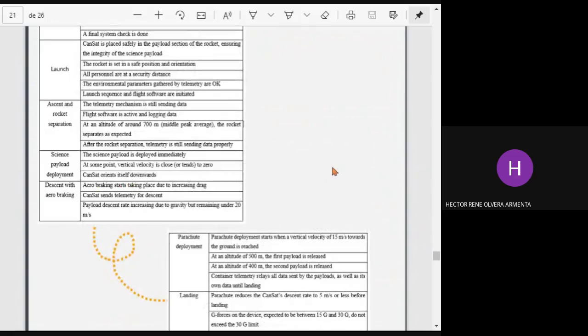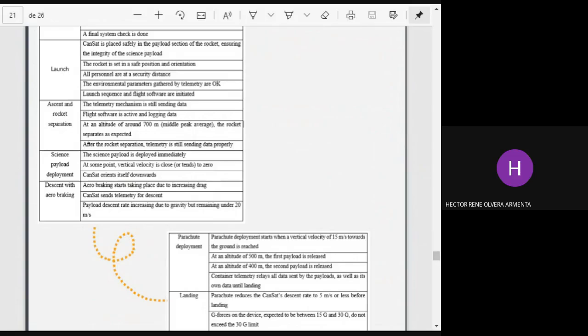Now, once the launch is started, once the altitude is 700 meters, the rocket is going to separate.